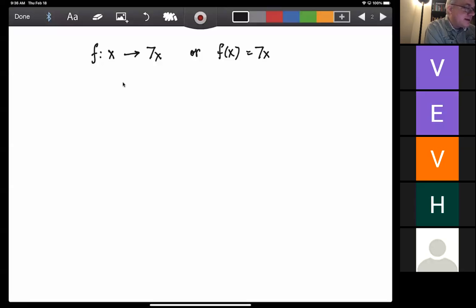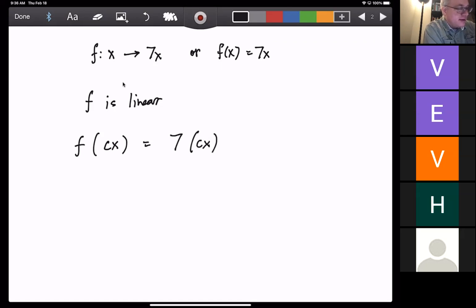Each of these is saying that the function takes the input x to the output 7x. So this is a linear function because it satisfies those two properties that we just talked about. So f of cx would be, well, what does the function do to its input? It takes 7 times the input.